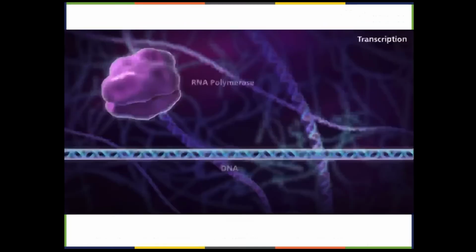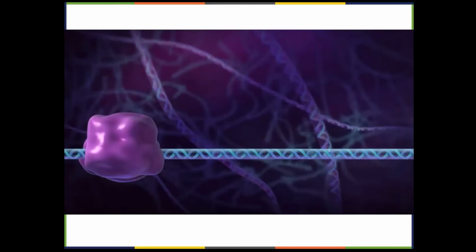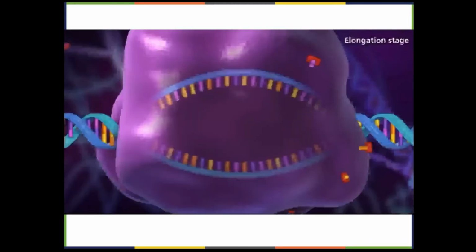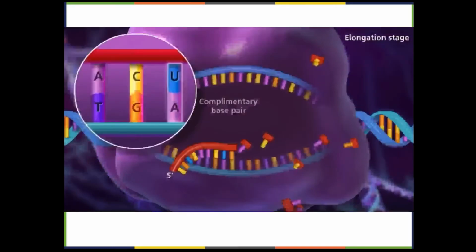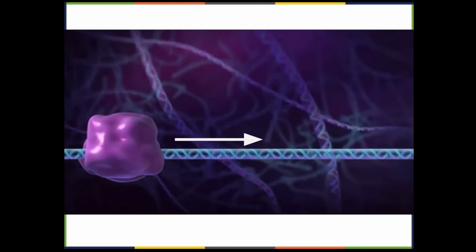So RNA polymerase approaches the promoter region, and it associates with the strand of DNA. Within the RNA polymerase, the strand is separated, it's unzipped, however you want to think about it. It's basically separated in a way where it can now be copied. Different base pairs are assembled of RNA, and that messenger RNA strand gets longer and longer.